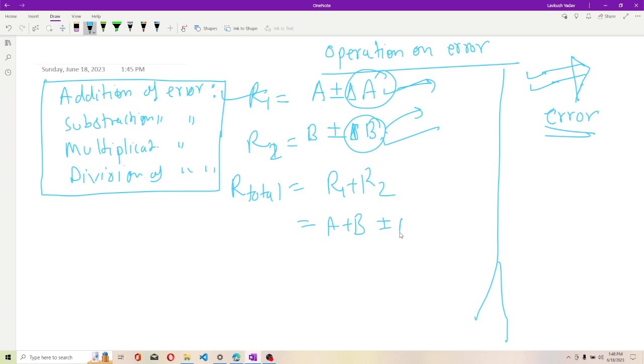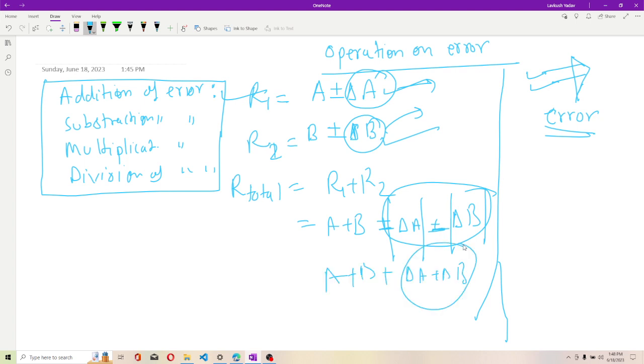So the thing you have to notice is that while adding errors, even if there is a negative sign, you have to add their absolute values. Absolute means their positive value. So A plus B, plus delta A plus delta B. So delta R total is equal to delta A plus delta B. I think you got my point.